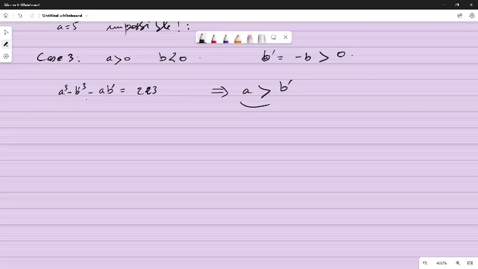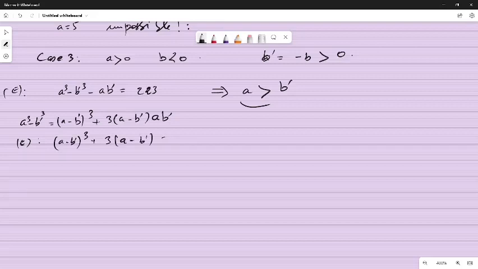We can write this quantity a cubed minus b prime cubed like this: (a minus b prime) cubed plus 3(a minus b prime) multiplied by ab prime.